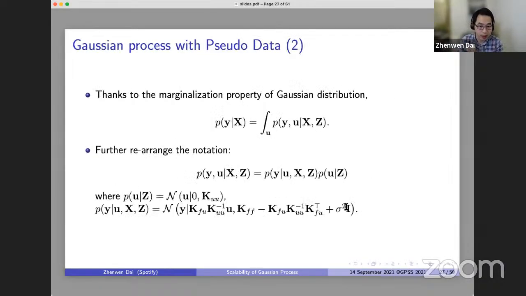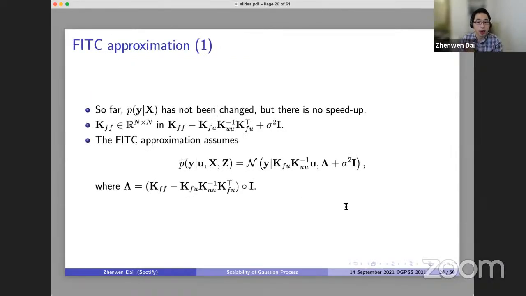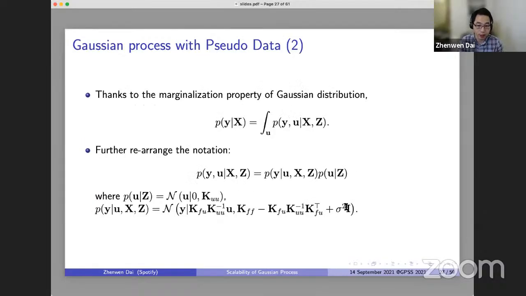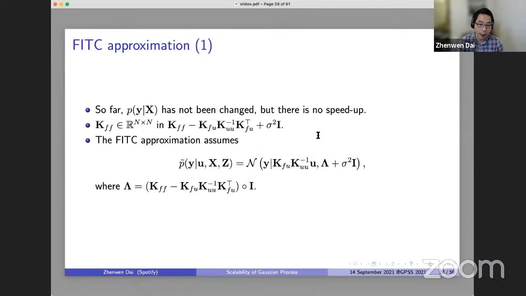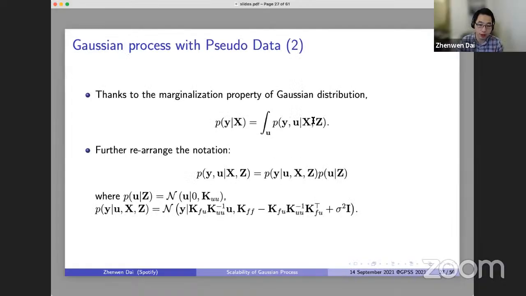But the downside is that there's also no speed up, because if we consider this formulation, we still need to invert this covariance matrix.